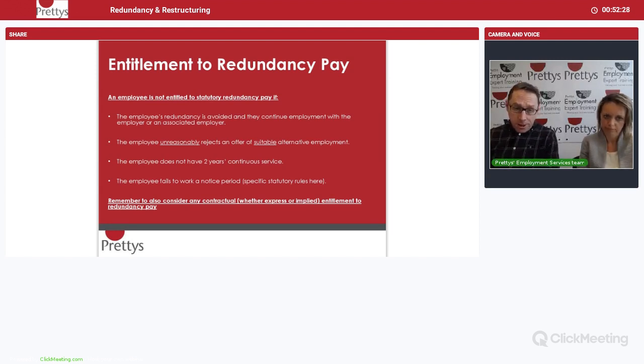A case on this I'm aware of involved, I think, a primary care trust around Devon, who had an employee who was mainly field-based. There was a redundancy situation. They wanted to move her into a more static environment. She said it was not reasonable for her to take that.